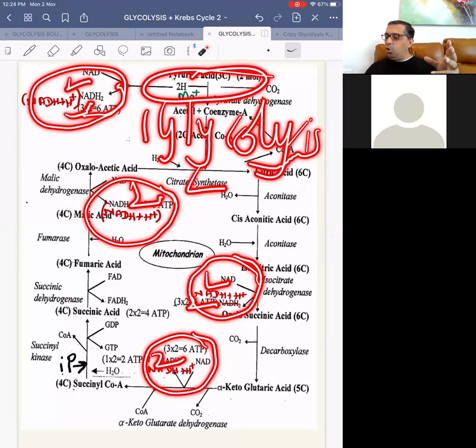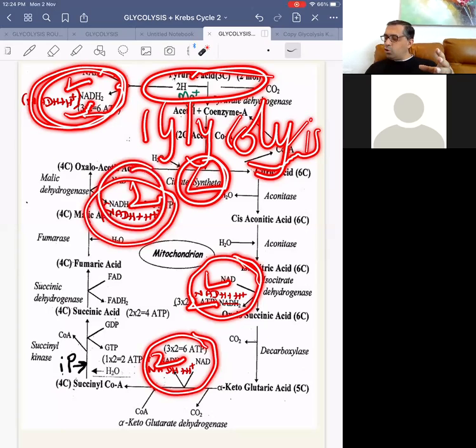Glycolysis gives 2, acetylation gives 2. That is 2 plus 2 becomes 4. Krebs cycle gives 2 plus 2 plus 2.